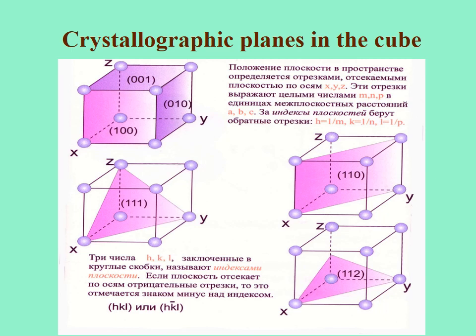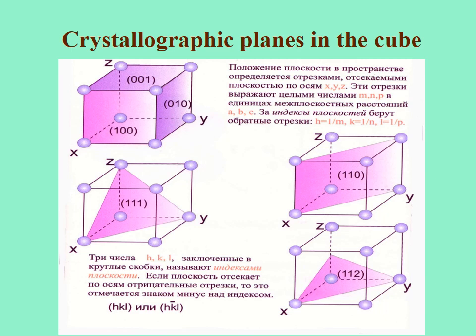This figure shows that if the plane is parallel to an axis of coordinates, that is, it intersects at infinity, the index of the plane for this axis will be 1 divided by infinity, which is equal to 0, as I said above.